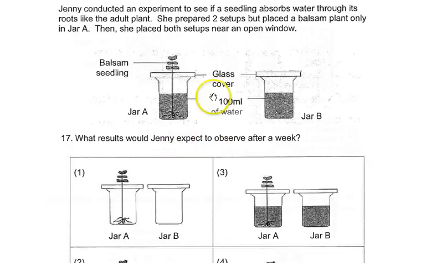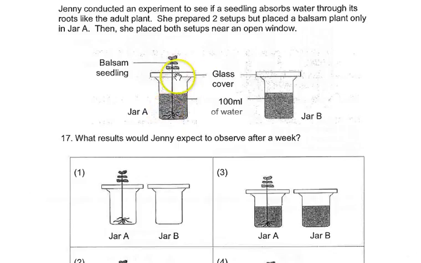Okay, from here, just hang on, she prepared 2 setups, but placed the balsam plant only in jar A. Now this is just to prove that if there is nothing to absorb, the water level should remain. Nothing should change here. If the balsam plant absorbs the water, this water level should go down.